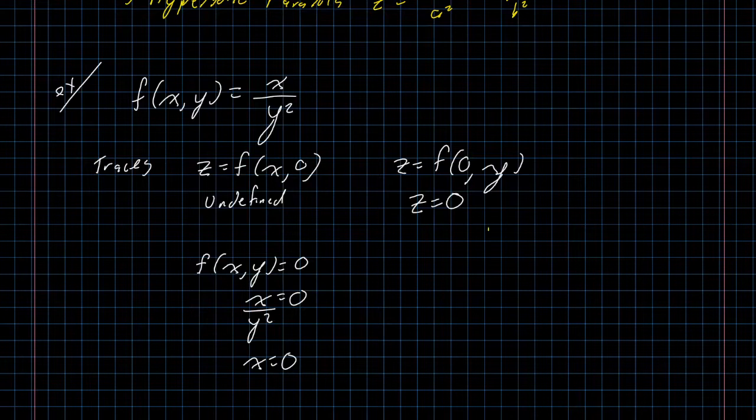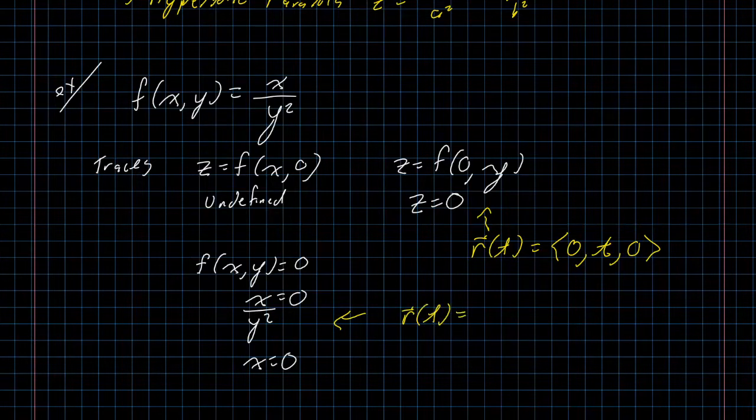All right. So to parameterize these, this first one, we set x equal to 0. We let y take on anything it wanted to, and we got out that z is equal to 0. To parameterize this one, we set z equal to 0.